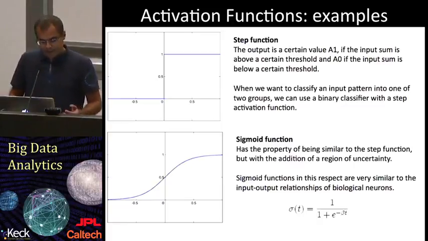And in a step function, the output is a certain value, say 1 if the input sum is above a certain threshold, and 0 if the input sum is below a certain threshold. Sigmoid functions have the property of being similar to step functions, but with the addition of a region of uncertainty.